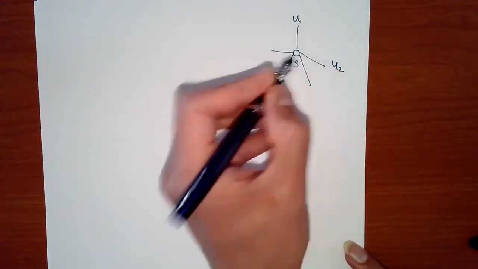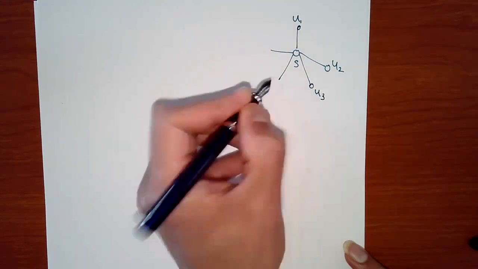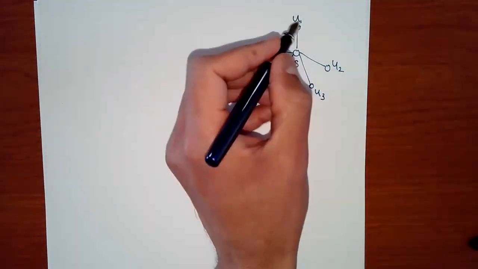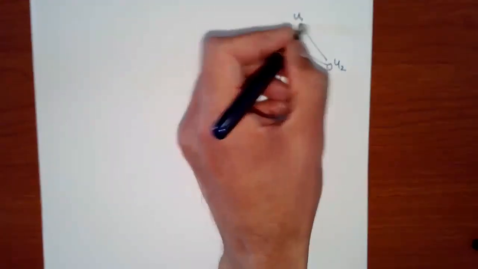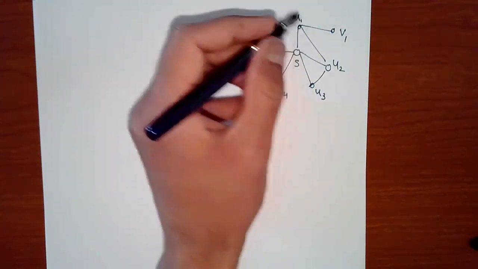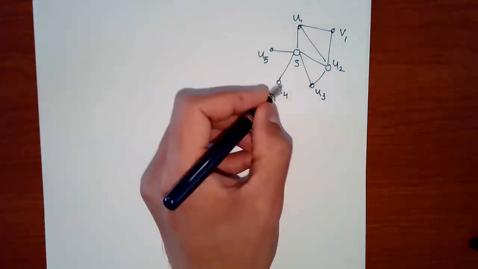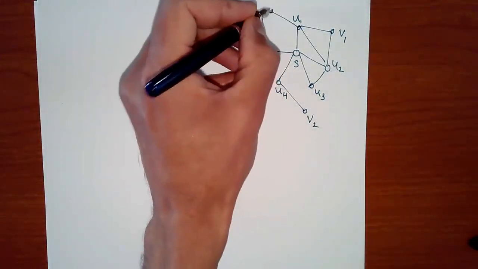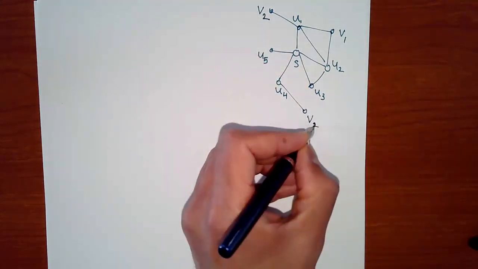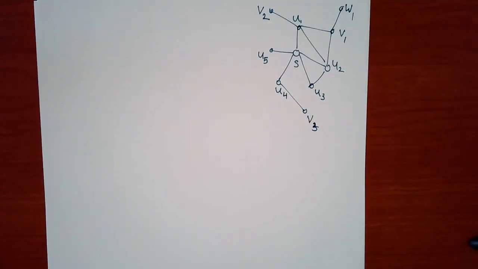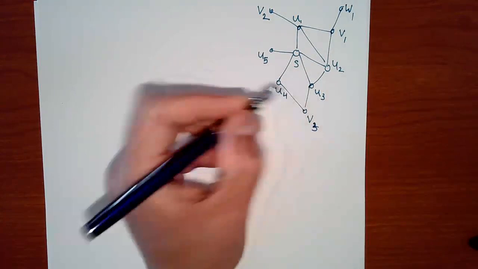I'm going to number all the neighboring vertices U1, U2, U3, U4, U5, and maybe there's an edge here, and there's V1, and put an edge over here, call that V2, and V3, and call that W1. So here's some graph that I've constructed.